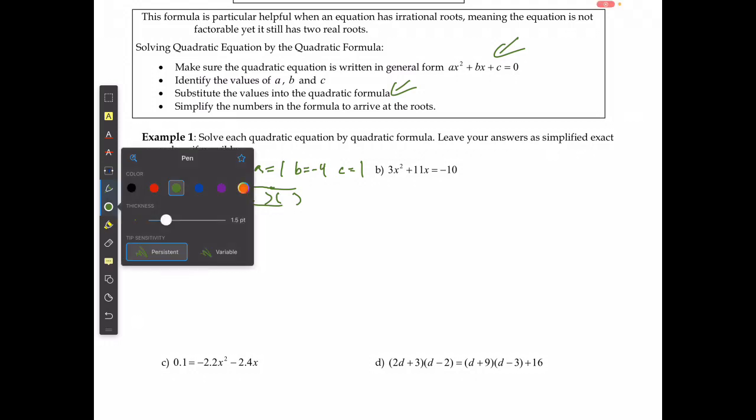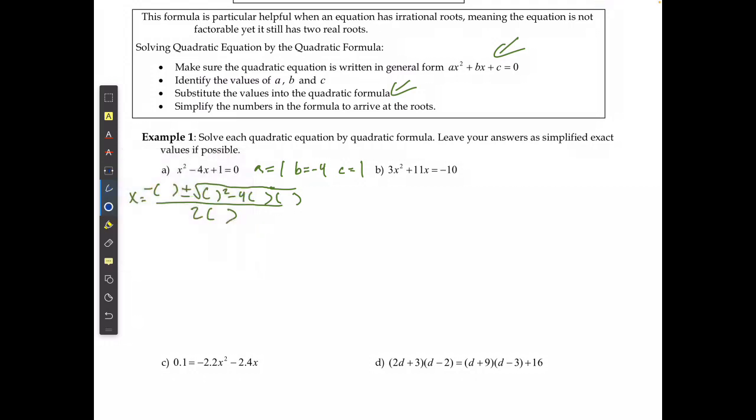And the pattern is that my b goes in the first two, negative 4 and negative 4. My a goes in the next one, then c, and then a down at the bottom.